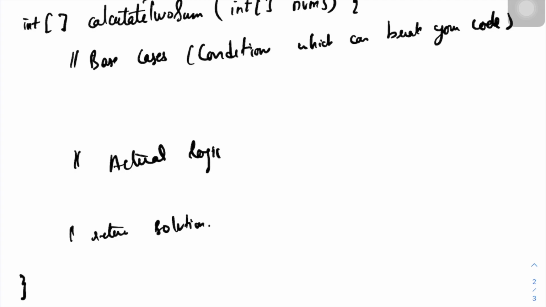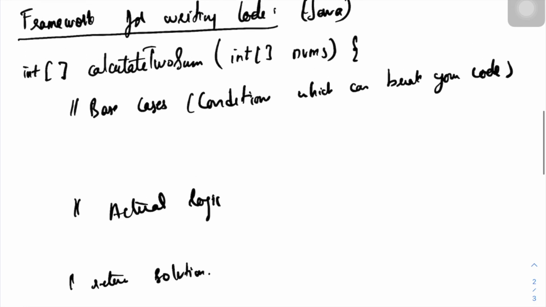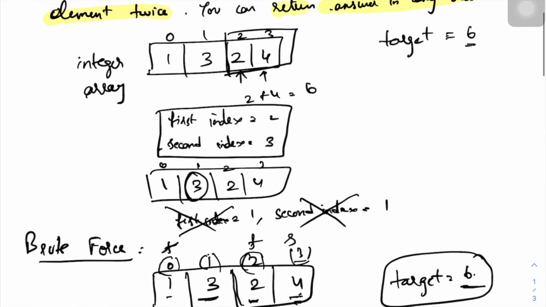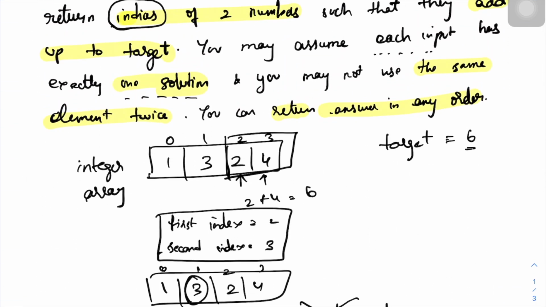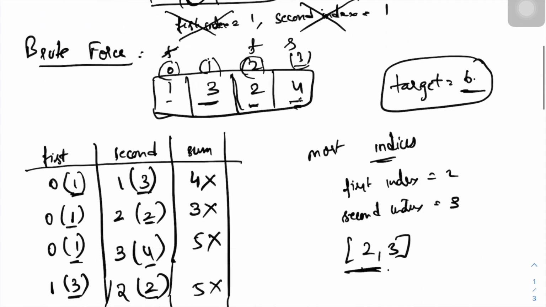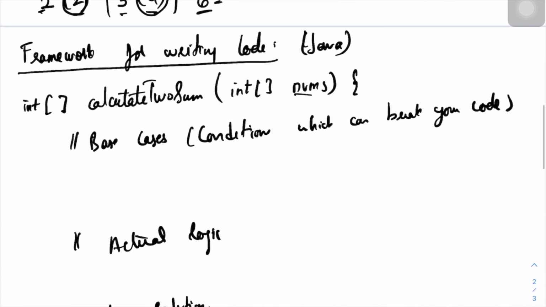Since the question asks you to return the indices of two numbers, if nums' length is less than 2, we can never find two indices.